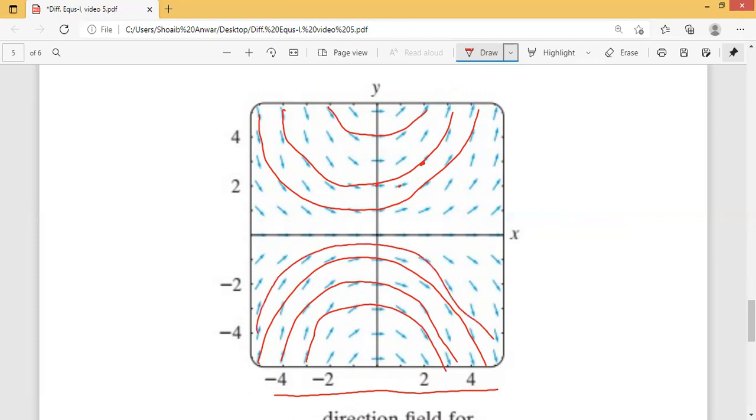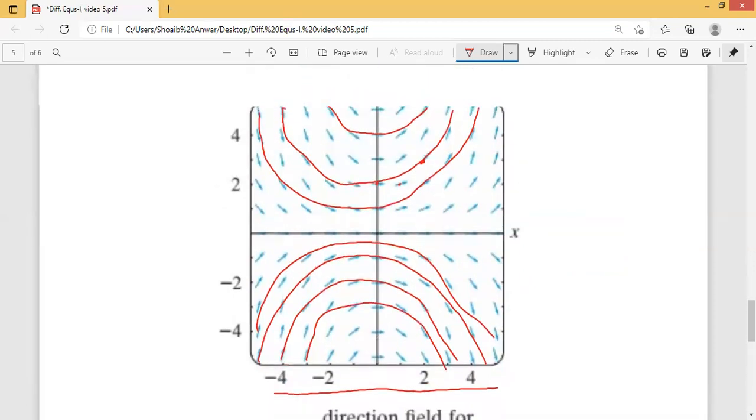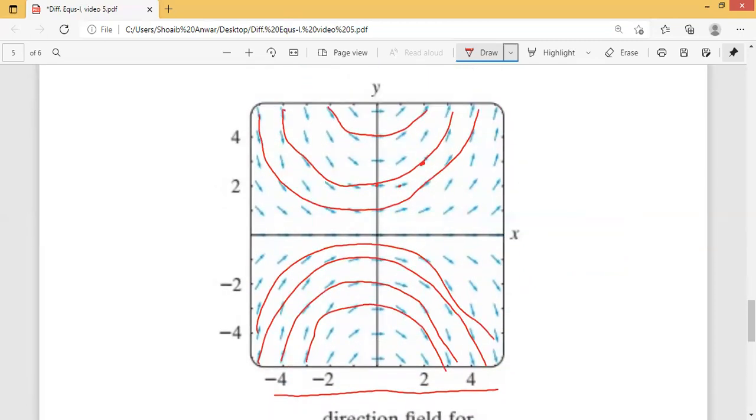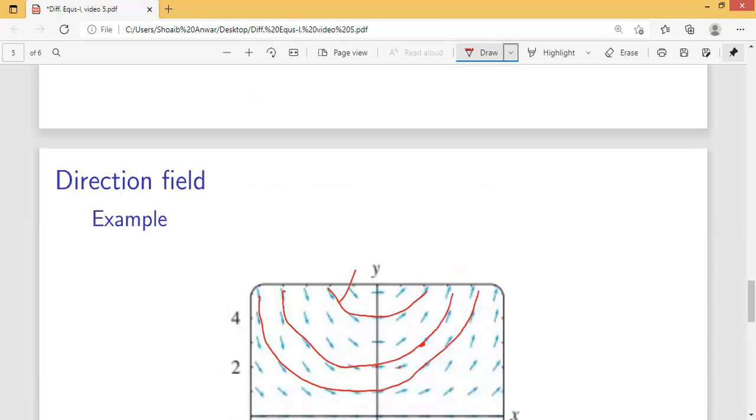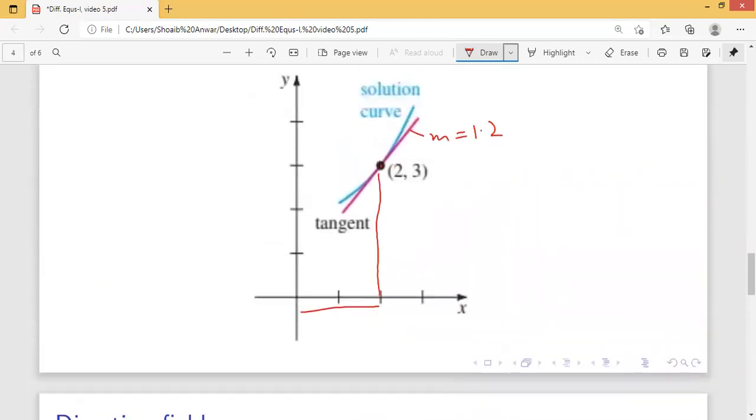So with the help of these direction lines, slope lines, you can draw your direction field or slope field, and you can approximate your solution curve. Actually, these solution curves correspond to the different values of the constant that appears in the solution of a first order differential equation.